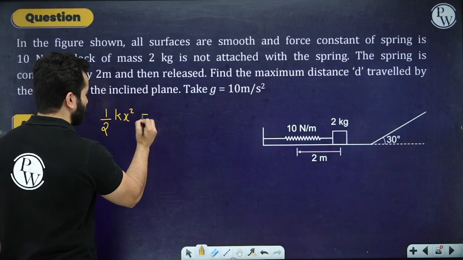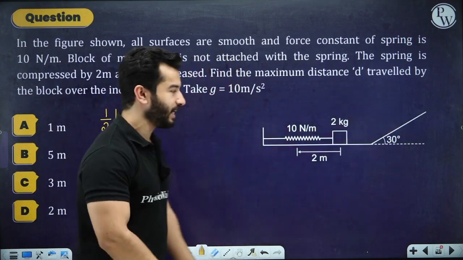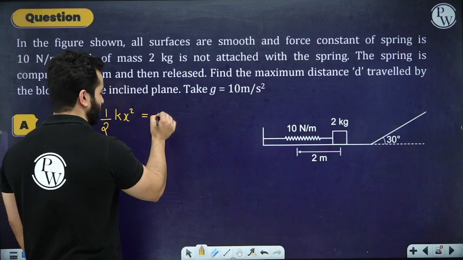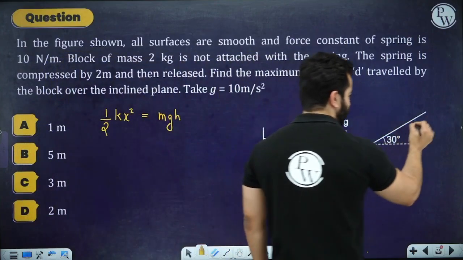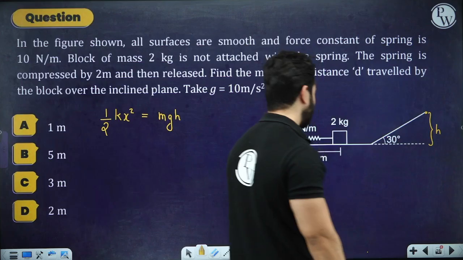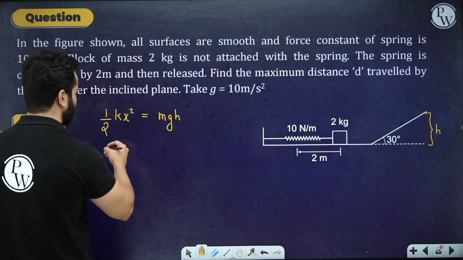And that equals the expenses. The expenses is that it will finally gain some potential energy over there, and then it will stop. So I'm going to write mgh. Let's say it reaches up to this height, and let's say this is h. So in this case, I'm going to find out first what h is.